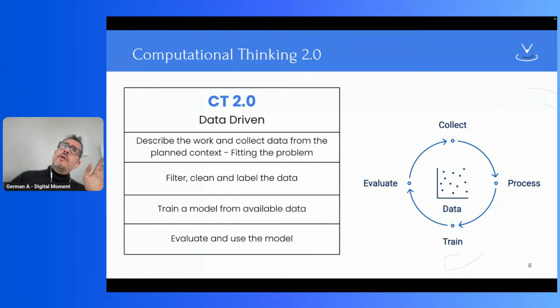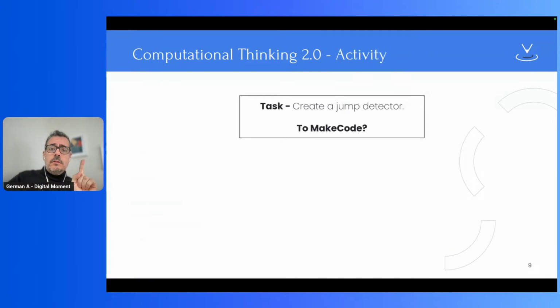Great. We saw 1.0, we saw 2.0, we created a process with 1.0. Now, let's create the jump detector in MakeCode with computational thinking 2.0. The important part is that I'm not even going to jump to MakeCode, because how do we do this?